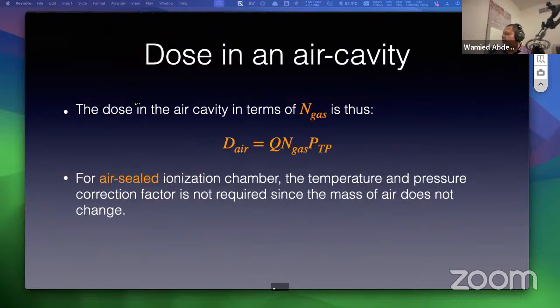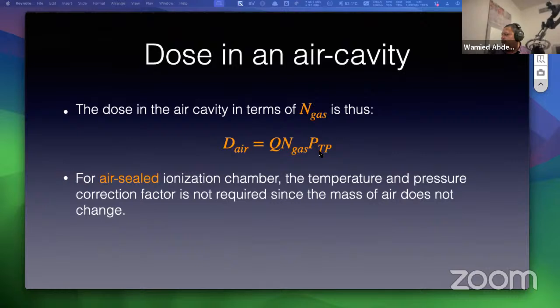So now the dose in air, we said, is the charge multiplied by the N gas. If the chamber is open to air, N gas will be established at a reference temperature and reference pressure. And then when we do the measurements, in general, the temperature and pressure of the measurement conditions will not be the same as the reference conditions.